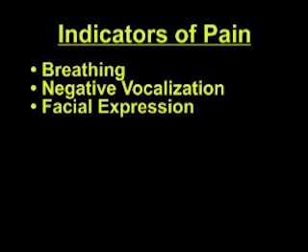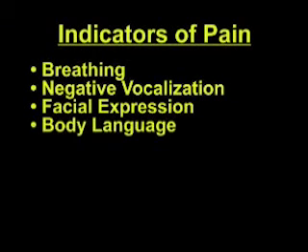The next thing we watch for really closely is body language, and I think you're probably all familiar with that. They could be very tense. They could be fidgeting in their chair if they're sitting up. Easily just looking away, and just those kinds of things that you would watch for with body language.